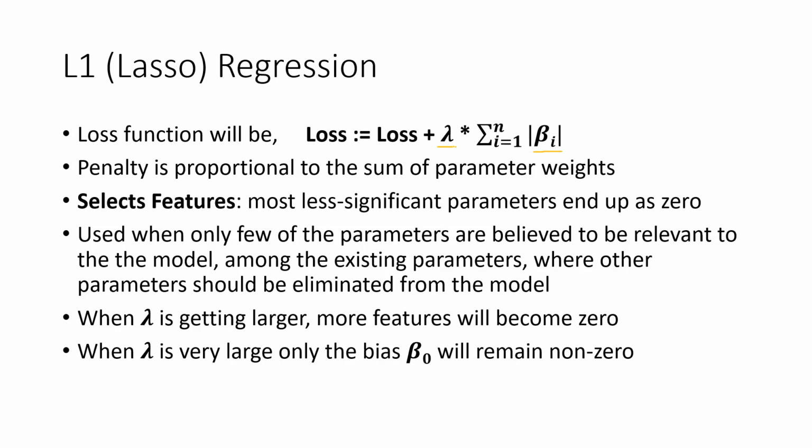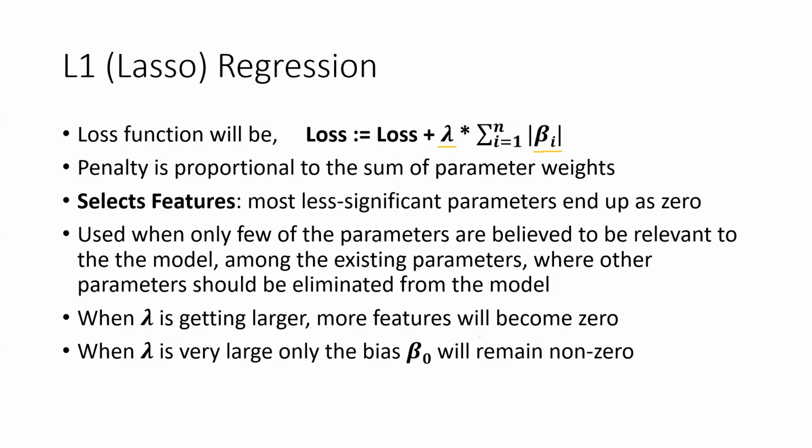So this would eliminate all the unnecessary less significant parameters and select these features, right? So this is known as the feature selection algorithm if we are using this L1 regression. So how many features are getting to 0? That depends on the value of lambda.